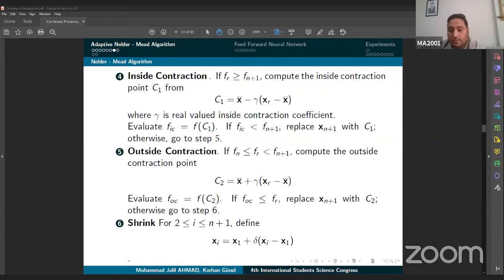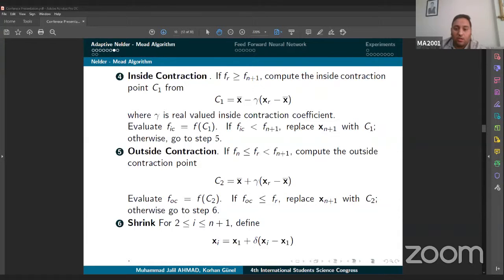And if it is less than the value we calculated at FR, then this is our new point, otherwise we will go to the shrinking process of our simplex. In the shrinking process, again, we define a new point using this equation, and we will evaluate the value of our function at this particular point.